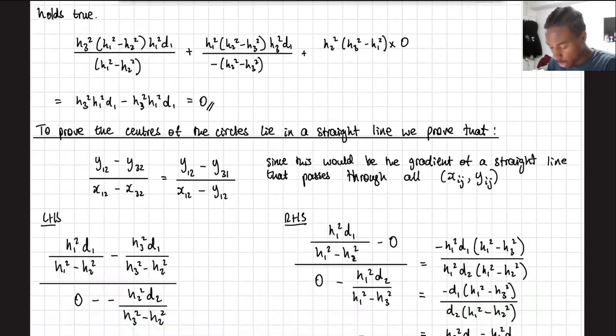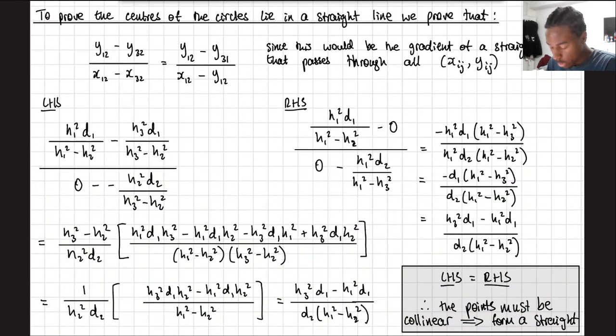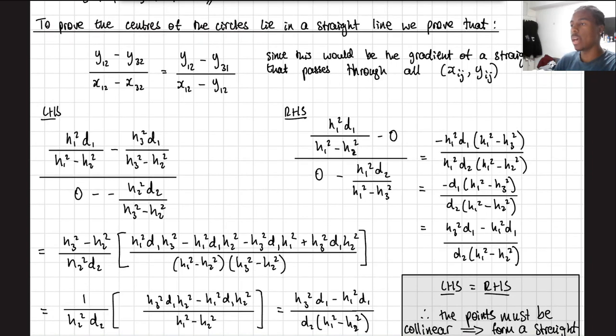Okay, so now for the last part, we need to prove that the centers of the circle lie in a straight line. This is actually, in principle, easier than you might think. If we want to prove that 3 points lie in a straight line, we need to prove that the gradient between this point and that point is the exact same as the gradient between this point and that point.